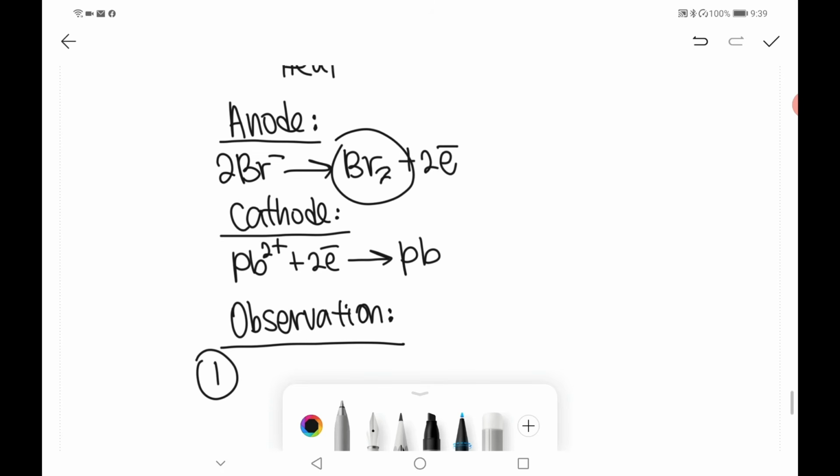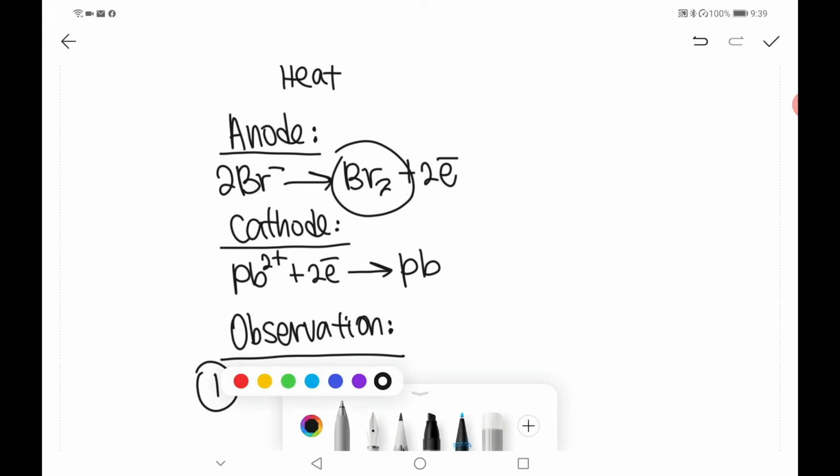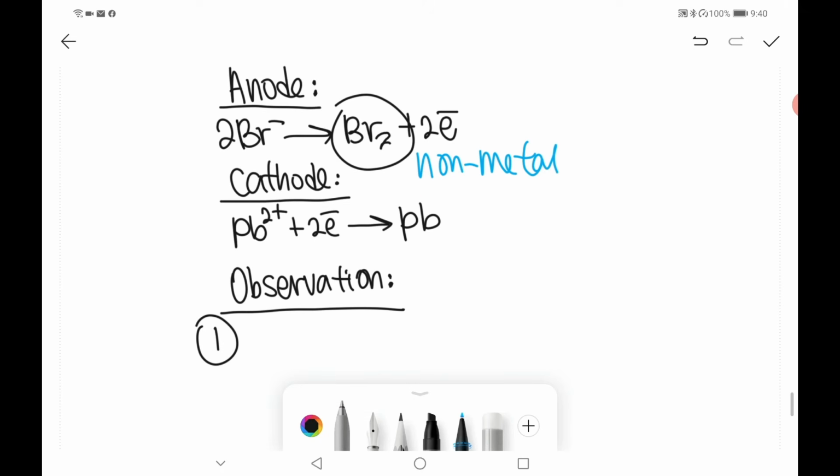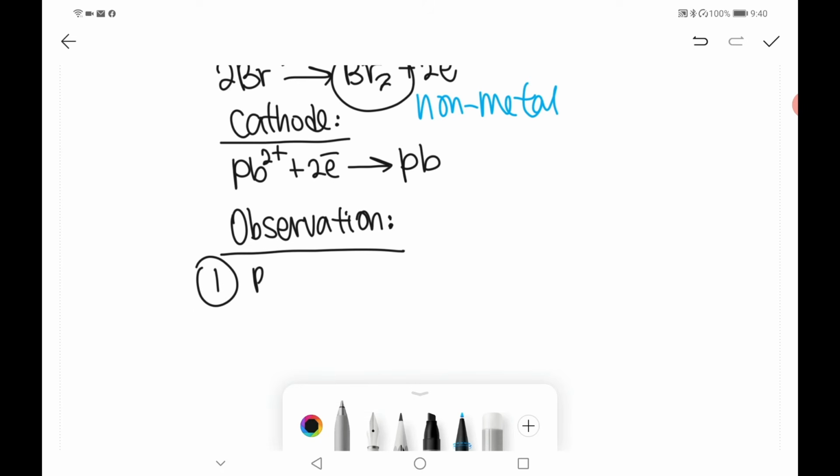Bromine is a non-metal. For a non-metal, you will see a gas. What is the color for bromine? Bromine is brown, so you will see brown gas. When we have gas, use the word released. Brown gas is released.